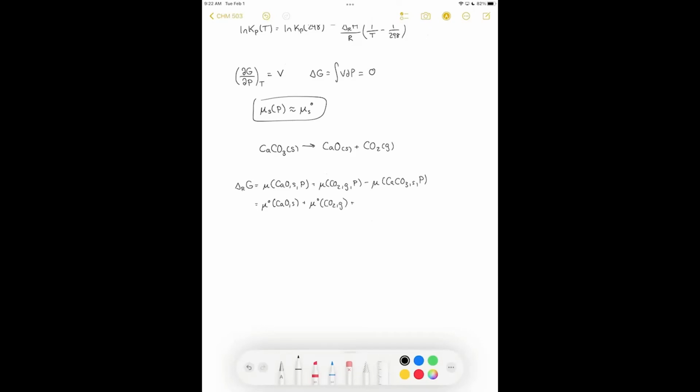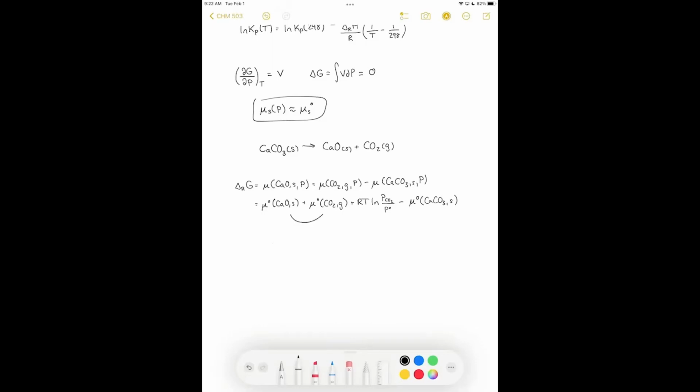But then we have another term that we need: RT natural log of the partial pressure of carbon dioxide over the standard pressure. And then for our calcium carbonate, it's the same, so we have our standard calcium carbonate term because it doesn't change as a function of pressure.